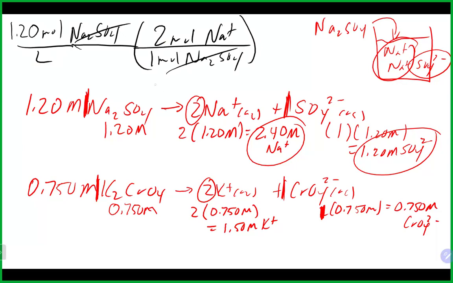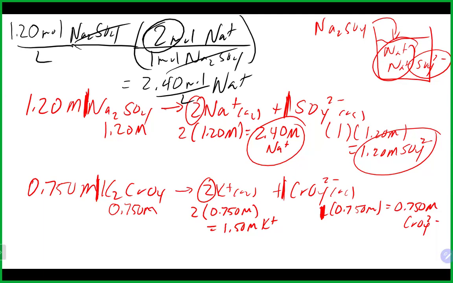Moles of the whole thing cancel, gives us 2.40 moles per liter of sodium ions, hence why we multiply by 2 in this case. So that's really the long version of that calculation where you basically just multiply the coefficient by the molarity. Any questions on that there?